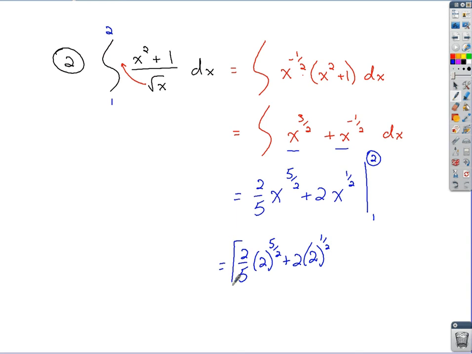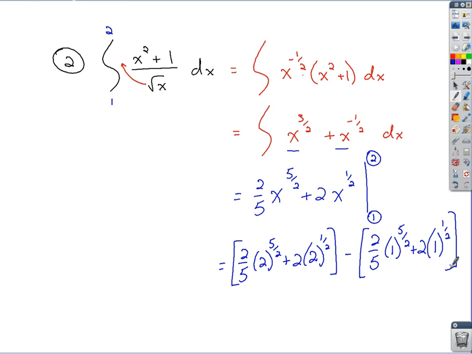All of this is the substitution for just the 2 value. We are taking that and subtracting. For the second one, we're just going to plug in 1. If we plug in 1, we've got 2/5 times 1 to the 5/2 plus 2 times 1 to the 1/2.